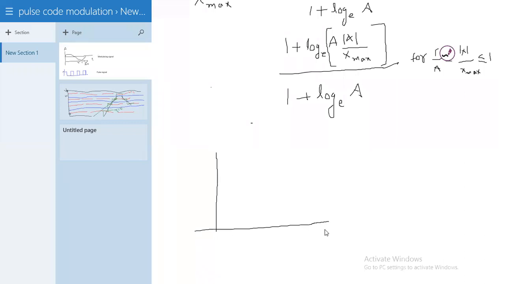This is the normalized input on the x-axis.